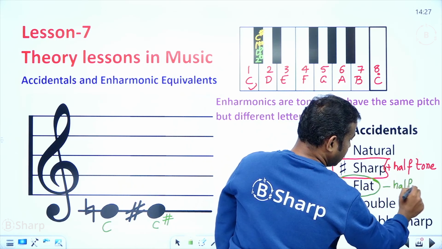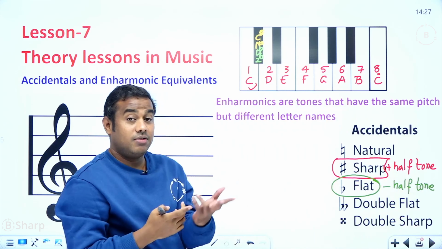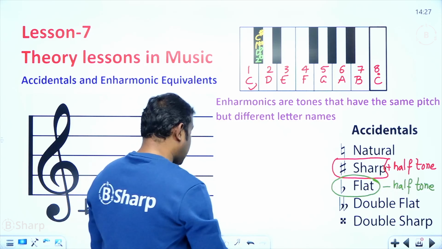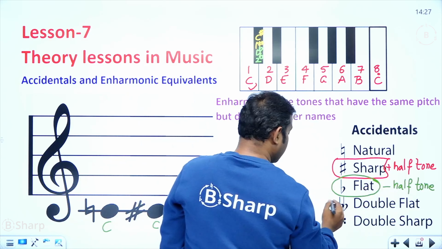A double flat means two times half tone. So two times half tone means double flat, minus one complete tone. Double sharp means plus one complete tone.